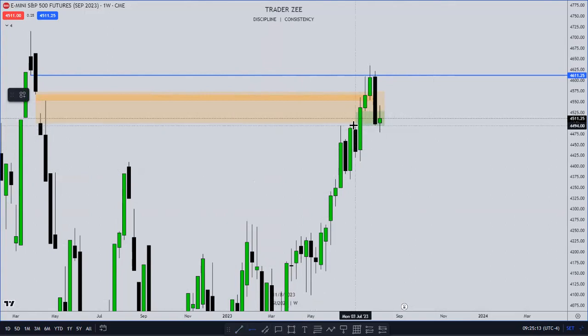Actually, I'm not going to mark it, because of the weekly BC and the high, it's okay if I don't mark it. So I think that's about it. Sorry, it's the highest time frame that I'll refer to today. That is a weekly chart.